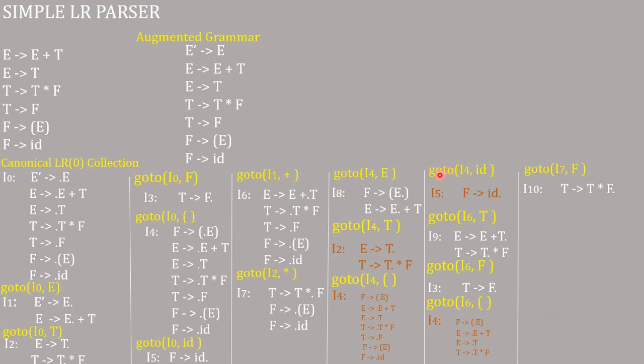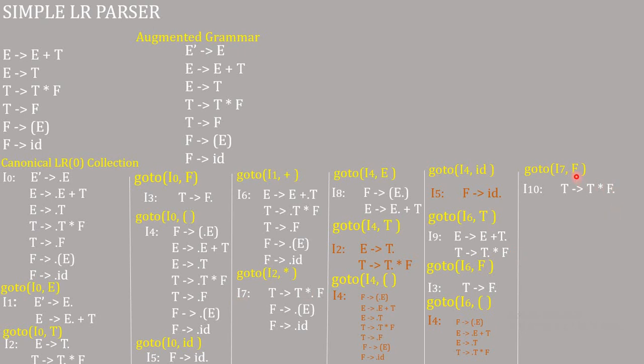That will be equivalent to your I5. I haven't defined it here. So for goto of I6 comma ID, it will result in I5. You'll be getting the same production. Fine. So next we are moving with the next item set, that is I7.